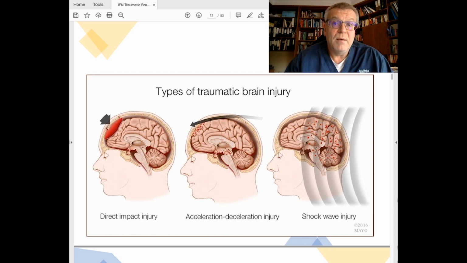But it can also happen from things like blast shock waves. So someone is working in a mine or is in the military, and they have a bomb blast happen close to them. That can also cause a concussion because the sound waves can injure the brain tissue also. So we'll talk more about the direct hit type of concussion now because that's the most common.